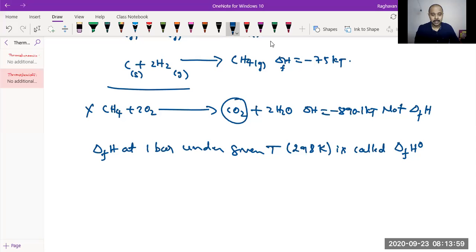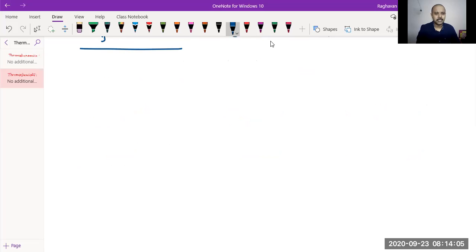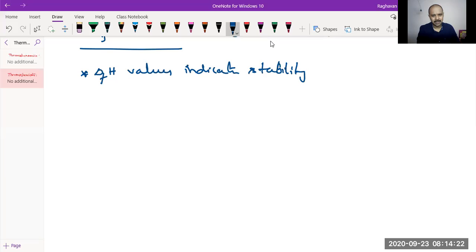Okay. You need to know certain things about enthalpy of formation. What is that? The enthalpy of formation values indicate stability of a compound formed. Can anybody tell me how is that? Enthalpy of formation values indicate stability of a compound formed. During the formation of a particular compound, if heat liberated is more, then that compound is more stable.